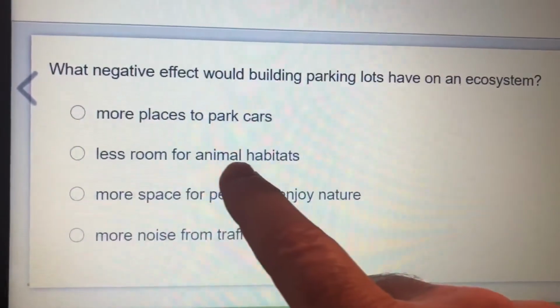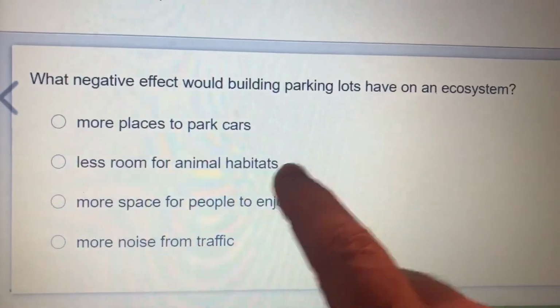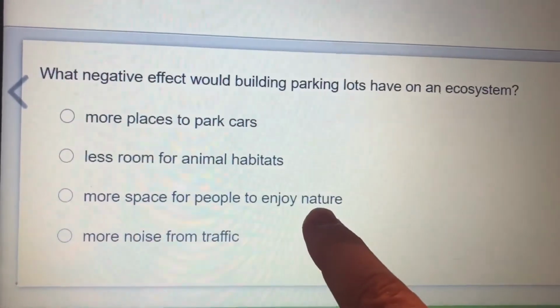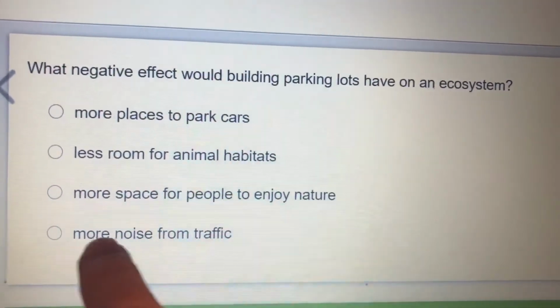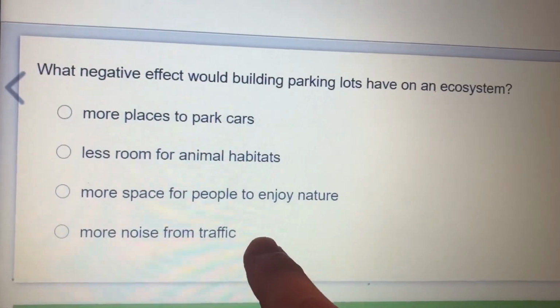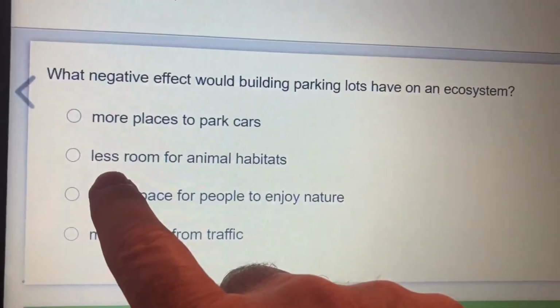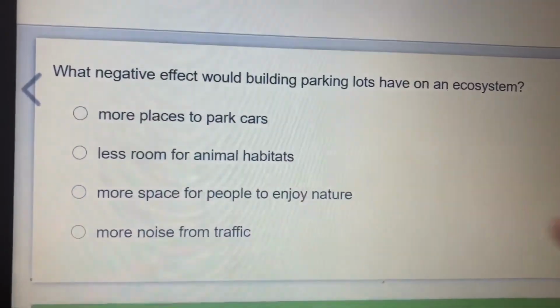Less room for animal habitats. Yeah, that would make sense, but let's keep reading. More space for people to enjoy nature. No, a parking lot is not nature. More noise from traffic. That's not good. So, what is the negative effect? Less room for animal habitats.